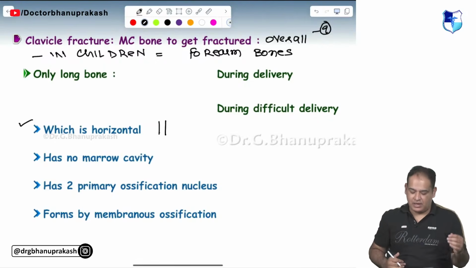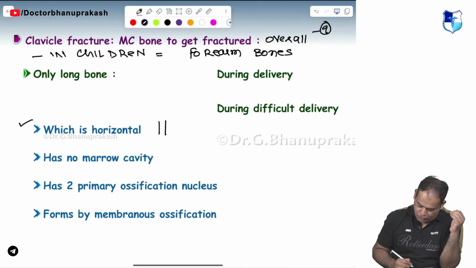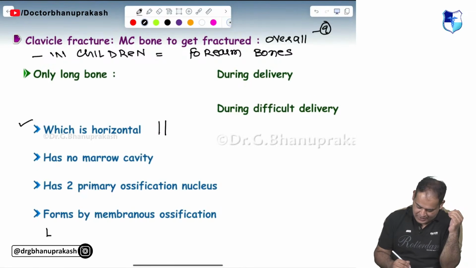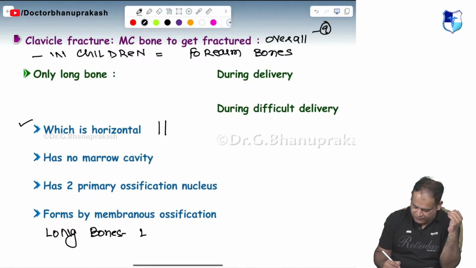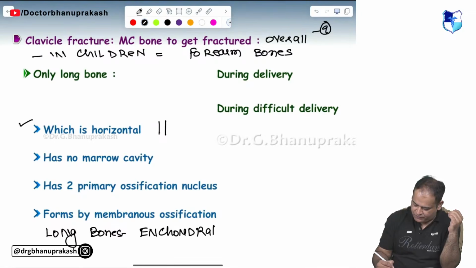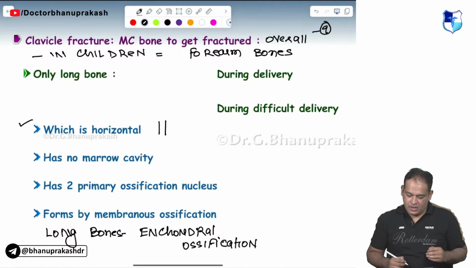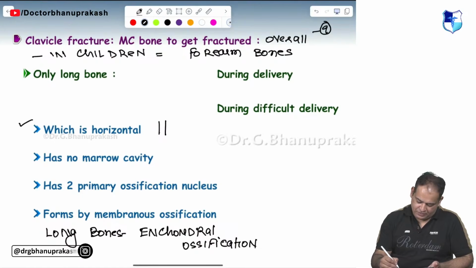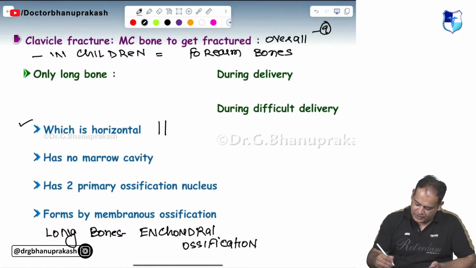Humerus, vertical. It has no bone marrow cavity. It forms by membranous ossification. Remember, long bones form by enchondral ossification. It is the most commonly fractured bone during delivery.